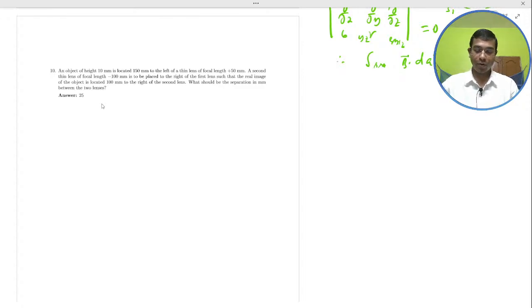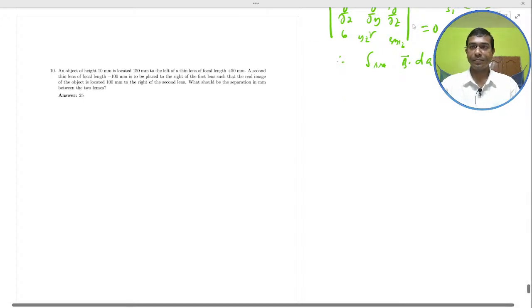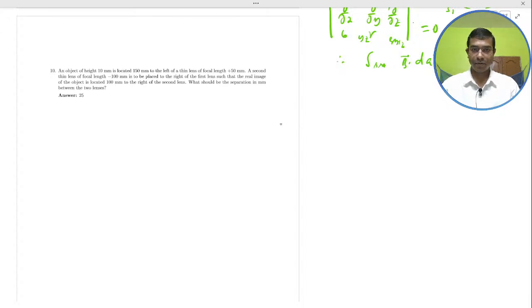This is from wave and optics. This is the ray diagram. Okay, here the object.